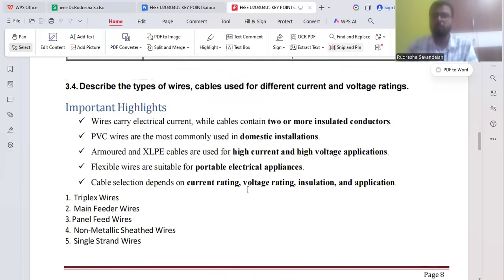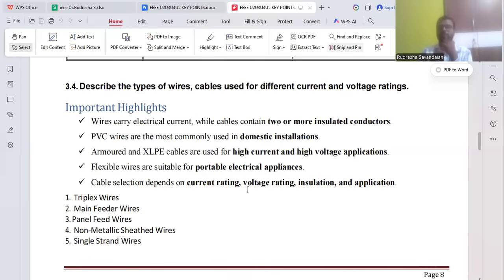Description: the types of wire and cable used for different current and voltage. Important highlights: wires carry electrical current, while cables contain two or more insulated conductors. PVC wires are the most commonly used in domestic installations. Some are for high current and high voltage applications.